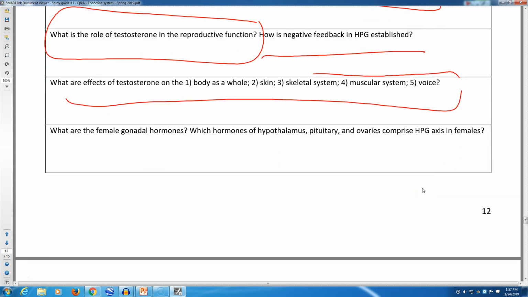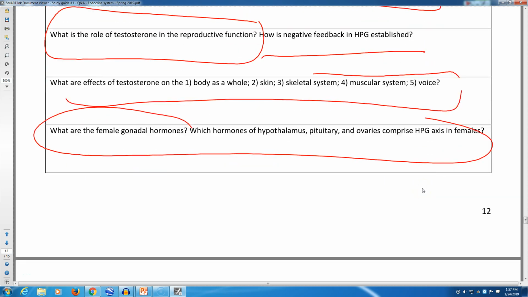Female gonadal hormones: estrogen, different types of estrogen. Okay. Now, I'm not going to ask you about the HPG axis in females. Deal? Like all this positive feedback between estrogen and luteinizing hormone, don't worry about it.